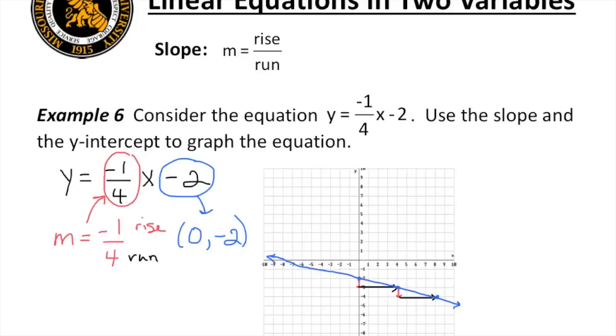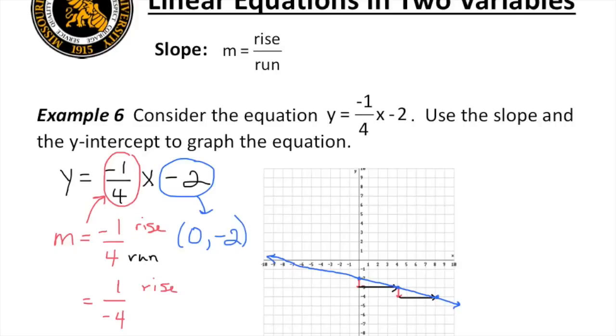One other comment about the slope. The negative sign can be placed in the denominator instead of the numerator. In other words, instead of writing -1/4, we can write 1 over -4. And if this is the case, notice that our rise is no longer negative.